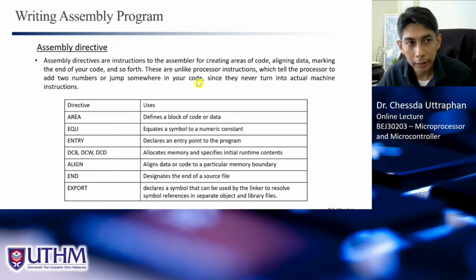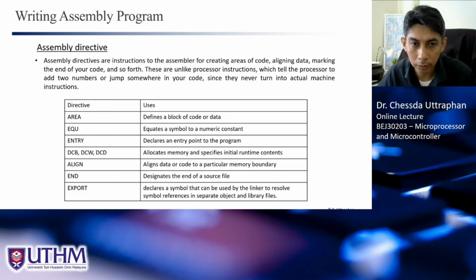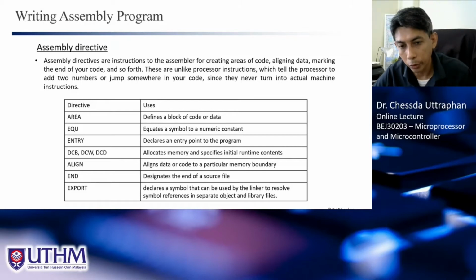Now we want to learn the instruction set and the assembly language. Why do we need to learn assembly language in learning microprocessor? Because this is the most optimized language for the microprocessor, right? So if you can write the assembly program, you can have a very optimized and very fast program for a particular microprocessor.